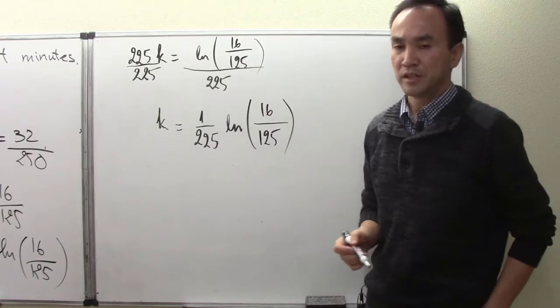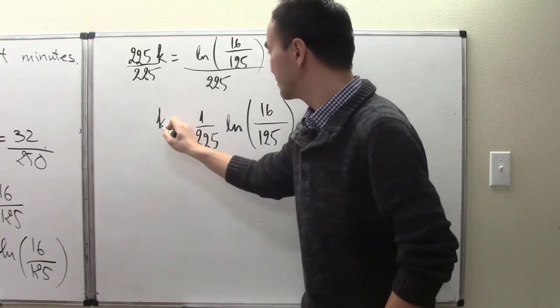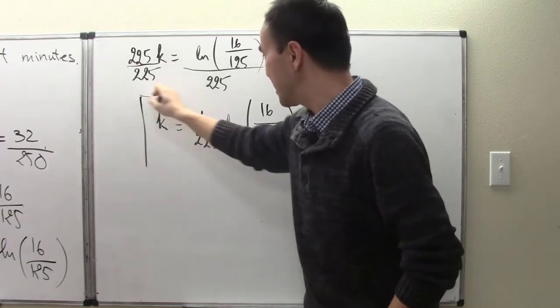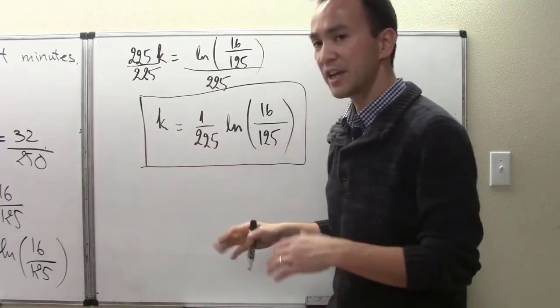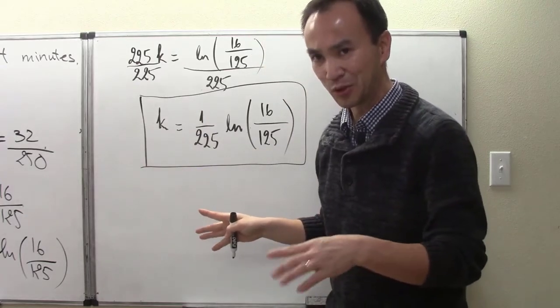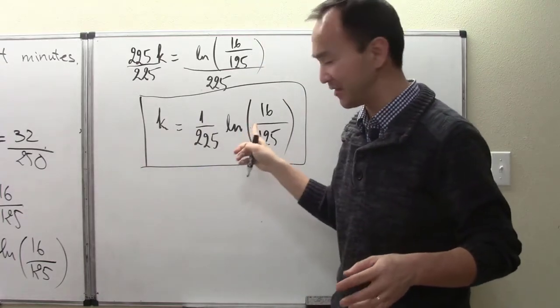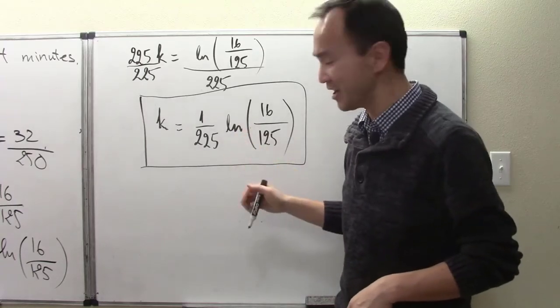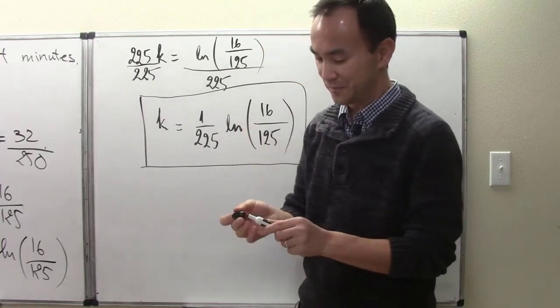But this is our answer. I said earlier that the answer is going to be negative. To convince anyone that this is a negative answer, let's type it into the calculator.